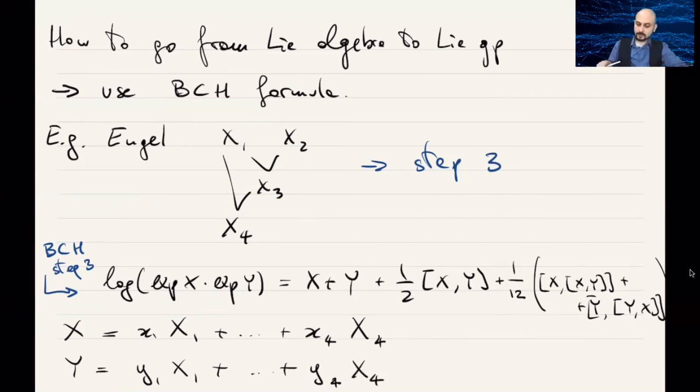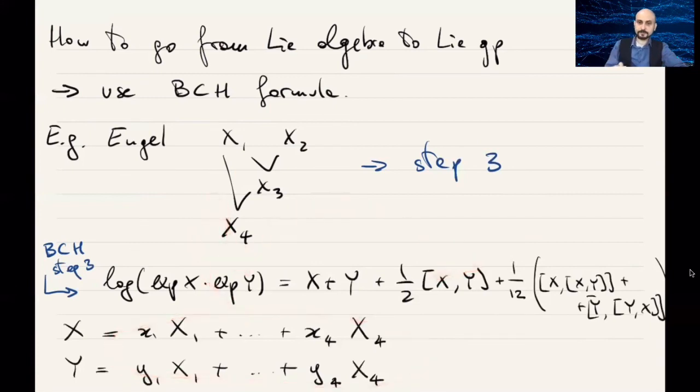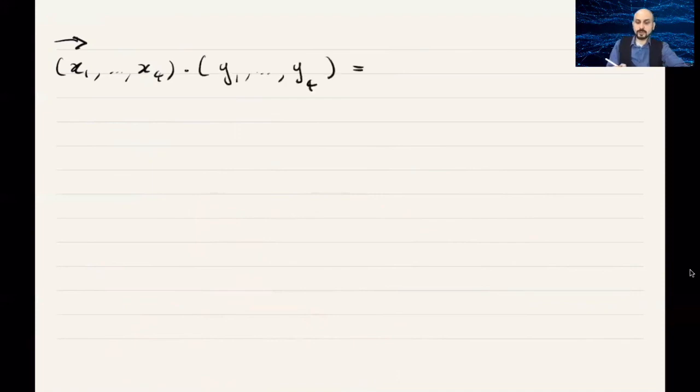And now we can perform these brackets, and we can write what is the product in coordinates. So x1 to x4 times y1 to y4 is going to be another 4-vector.